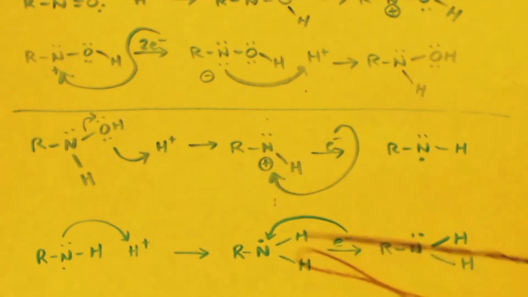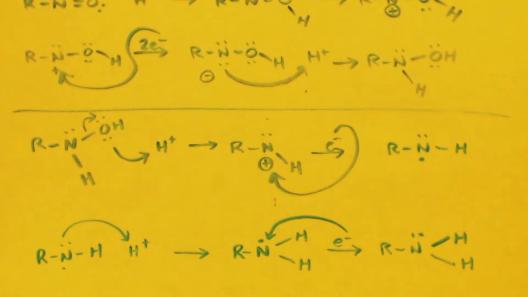So you add 1 electron, and there you go. You got your methylamine. Now, if there's hydrochloric acid in solution, obviously a proton will jump on this lone pair, and you'll get an alkyl ammonium cation, and then the chloride would be the counter ion, the anion.